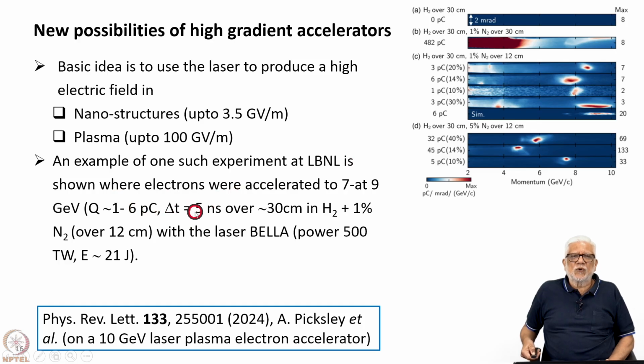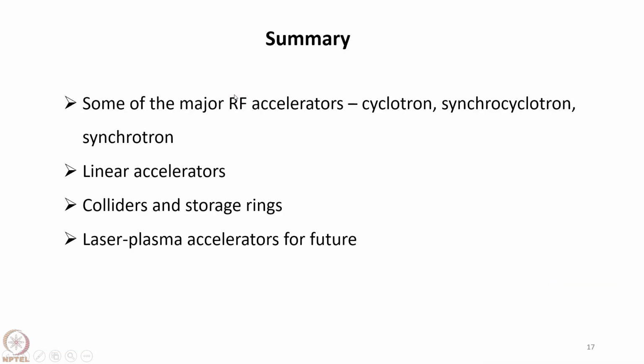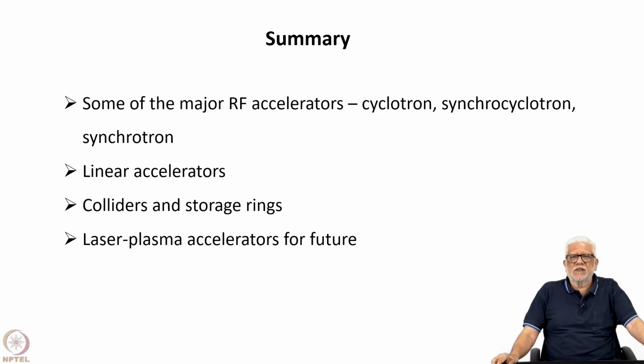And so, this kind of proof of principle is in the right direction, and possibly in future we will have access to very compact laser plasma accelerators to go to still higher energies. So, in summary, I would say that we have talked about major RF accelerators, cyclotron, synchrocyclotron and synchrotron.